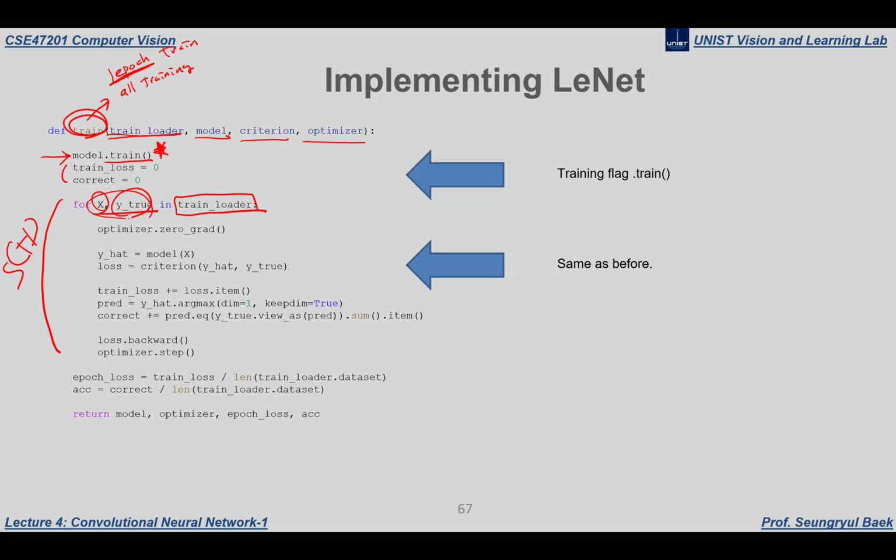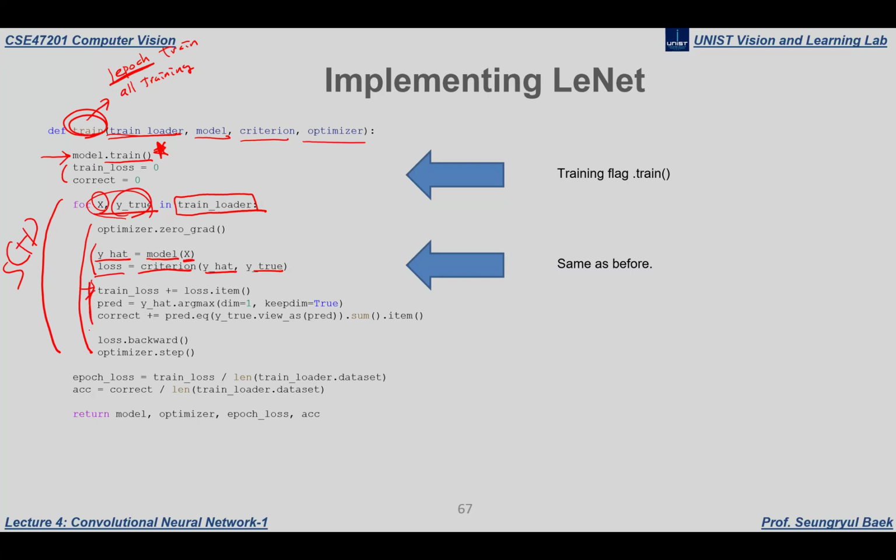And then you will set your gradient to 0, and you will calculate your forward process. You will apply the model to your input, and this is the output, and calculate the loss function on that. And this is applied for visualization purposes, okay?